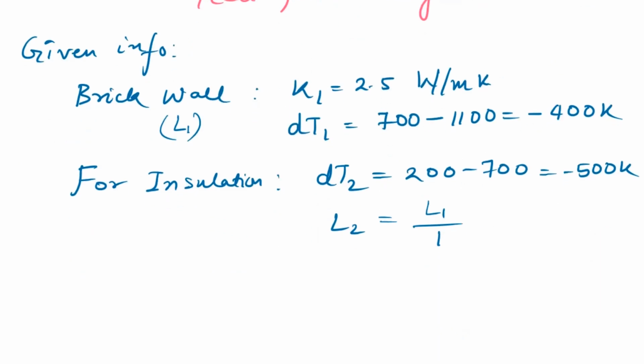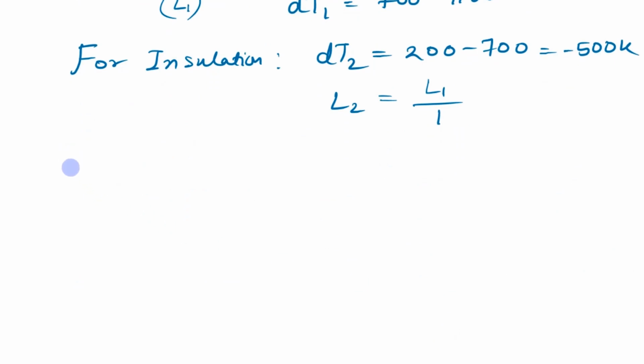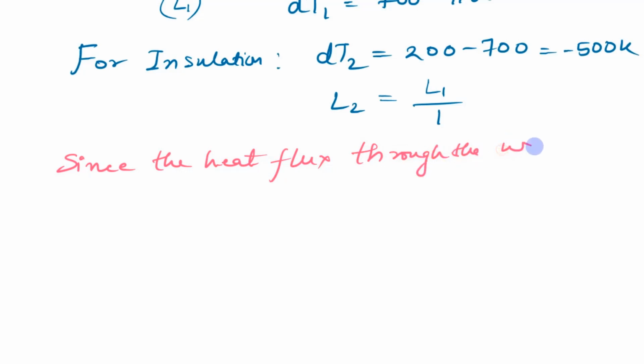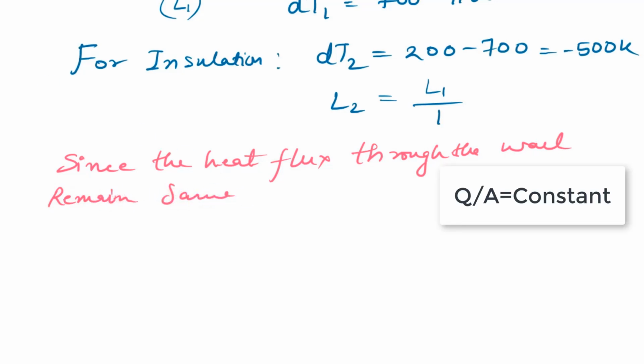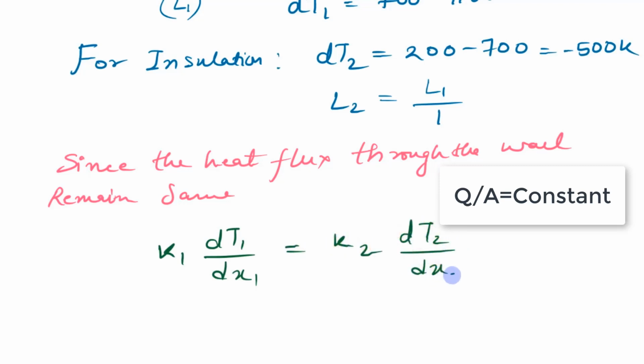Since the heat flux through the wall remains the same, we can write K1 dT1 by dx1 is equal to K2 dT2 by dx2.